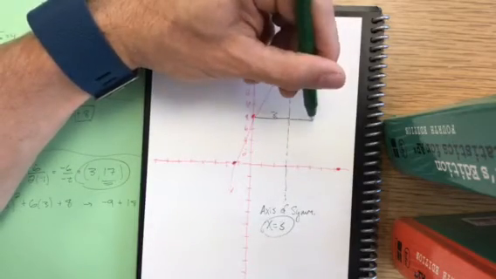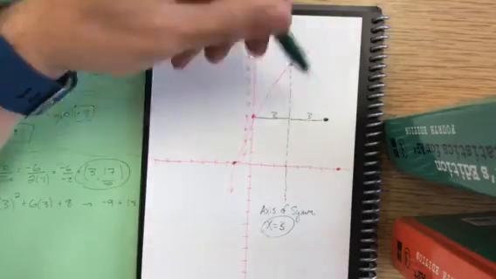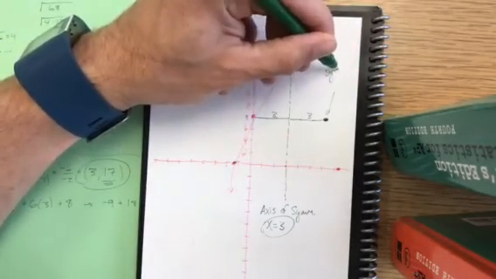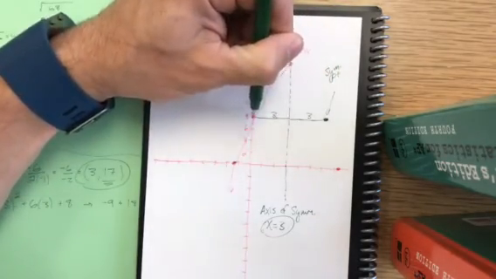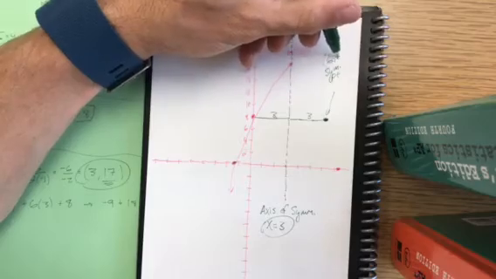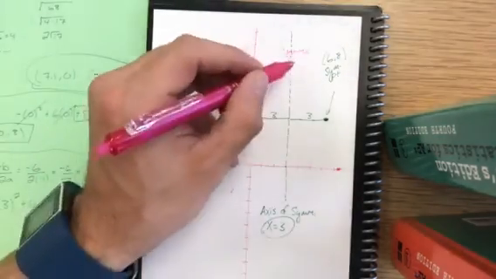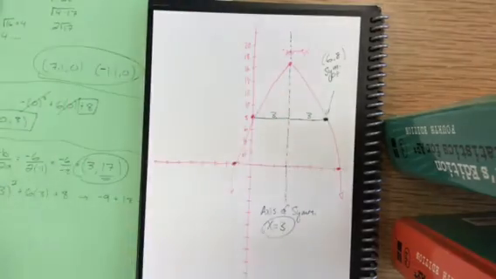So if I go 3 more, I'm going to get to its symmetrical point. It looks like it's at 6, 8. Now that you have the other side of the parabola, you can go ahead and draw in the rest of your parabola.